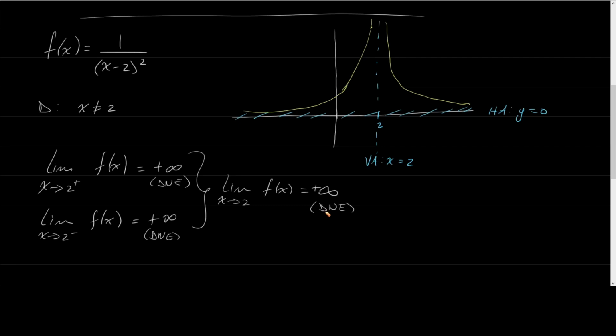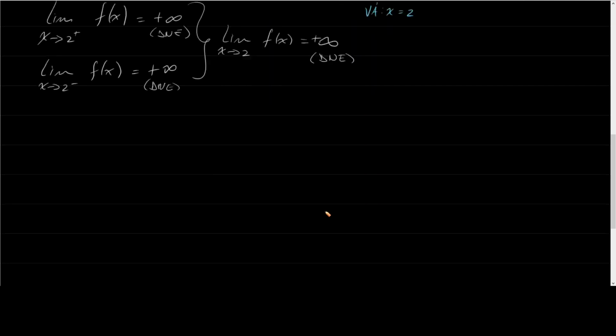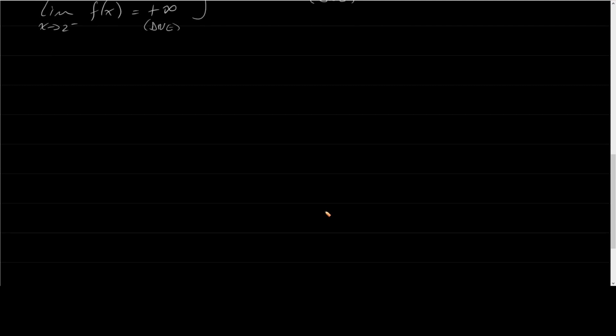In general, whenever we know that there's going to be an asymptote, we want to know what's actually going on around that asymptote. We want to figure out whether it's going to go up to positive infinity or negative infinity. In fact, that is the very definition of a vertical asymptote. So let's define it.